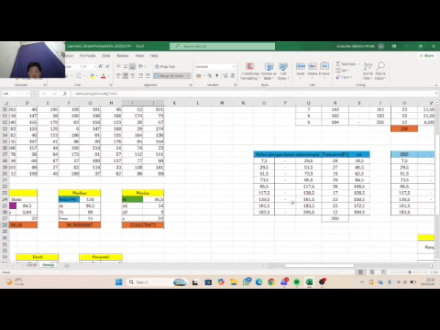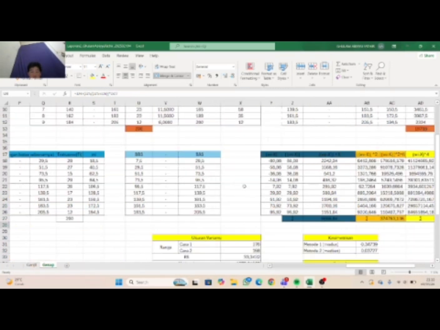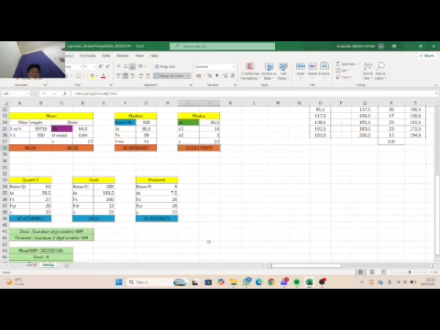And I calculate the group data quartiles. Quartiles are used to divide data into 4 equal parts. There are the first quartile, second quartile, and third quartile.